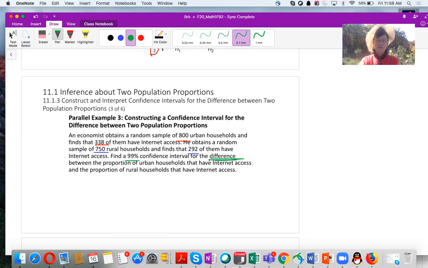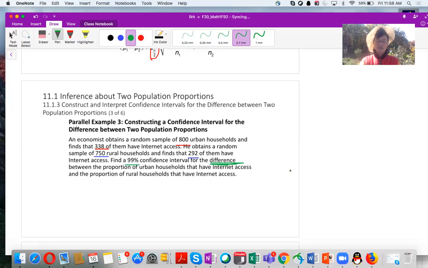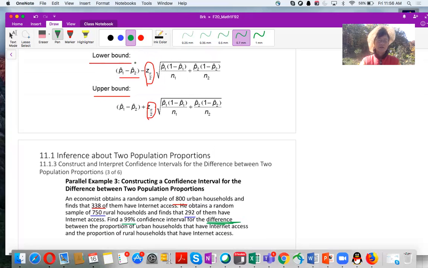See, difference means it is a two-tailed test between those two proportions. So what we need to do is find p1 hat, p2 hat, and z half alpha. If we find those three numbers, we can calculate the lower bound and upper bound.